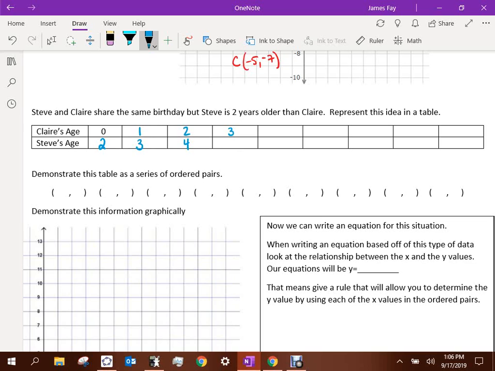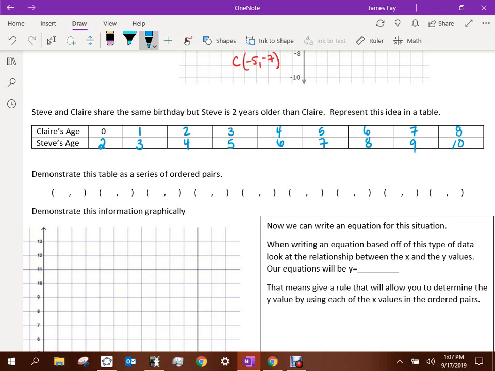Claire turns 3, Steve turns 5, right? Claire's 4, Steve is 6. So we're all getting the idea that I'm just adding 2, right? Is that something we can do?